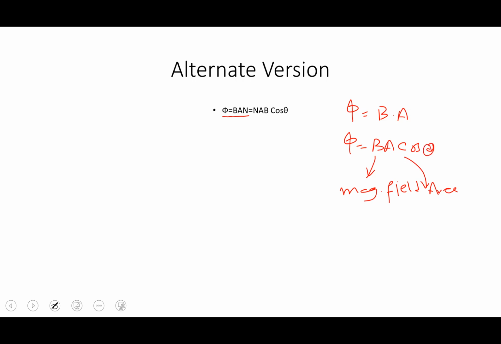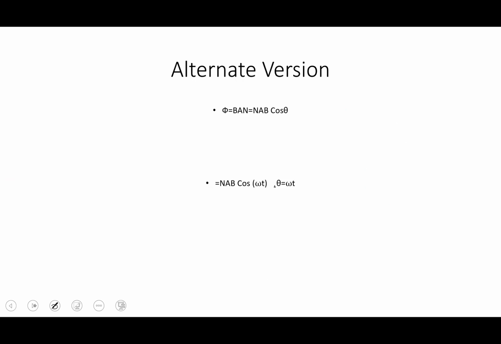Since theta is equal to omega t, the flux is equal to NAB cos omega t.